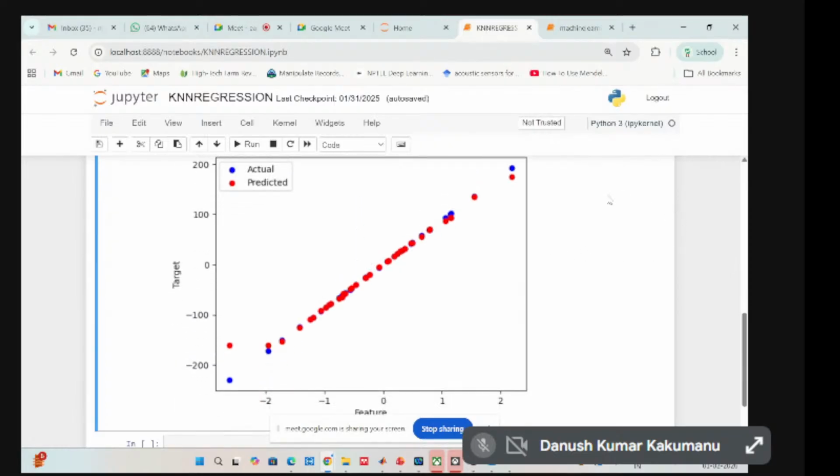Already we discussed Euclidean distance. Why it is mostly used is it gives a straight line difference, either straight line similarity or difference between two objects. That's why we use mostly Euclidean distance.